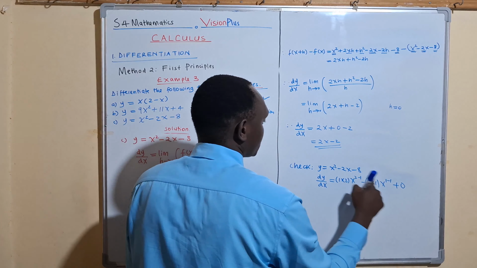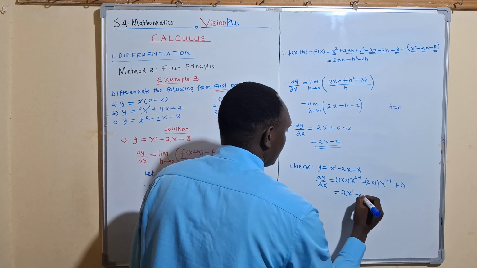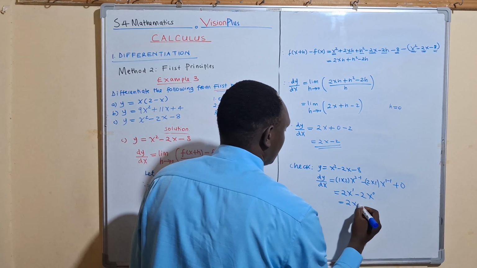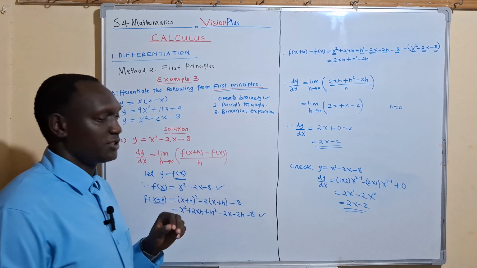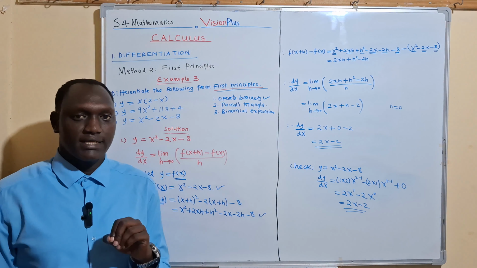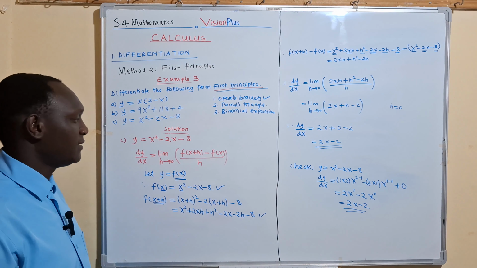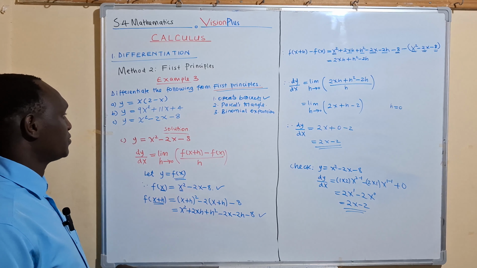If we differentiate the constant, it gives you 0. That means we shall have 2x to the power 1 minus 2x to the power 0. This is the same as 2x minus 2. So when we are differentiating from first principles, before you leave your answer, quickly check using the methods of powers and coefficients. And this is the solution to part C.